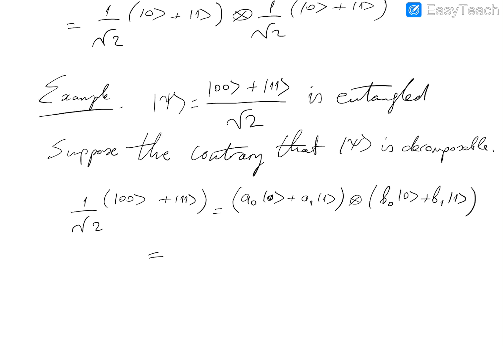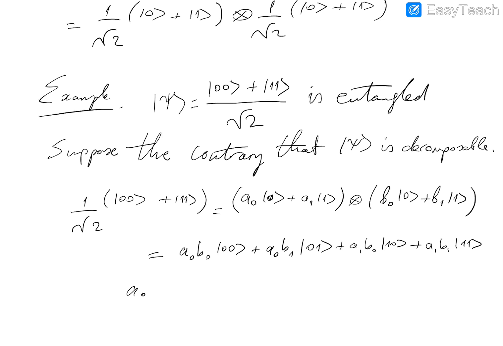This is equal to A0B0|00> + A0B1|01> + A1B0|10> + A1B1|11>. So in order to obtain psi, let's see what these amplitudes should be.